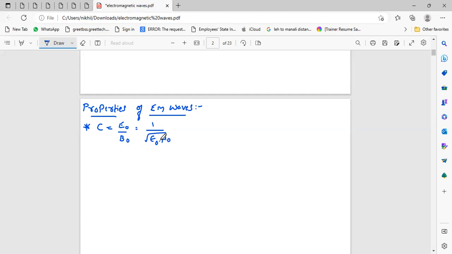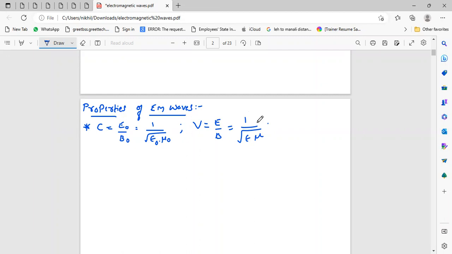And the speed of the electromagnetic wave in a medium other than vacuum is given by the formula V equal to E divided by B, which can also be taken as 1 divided by root epsilon into mu, where epsilon and mu are the absolute permittivity and absolute permeability of the given medium.